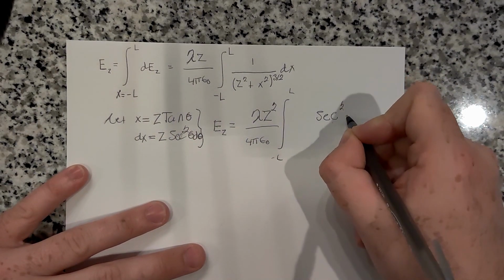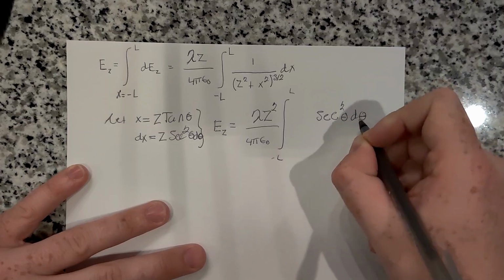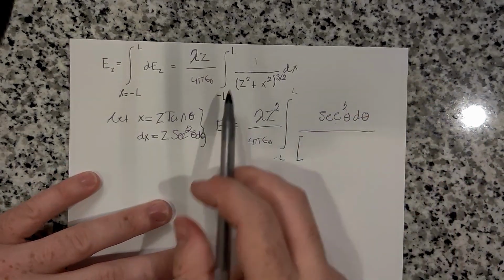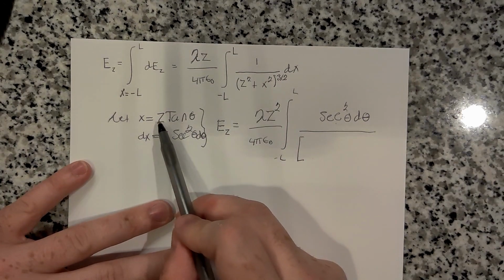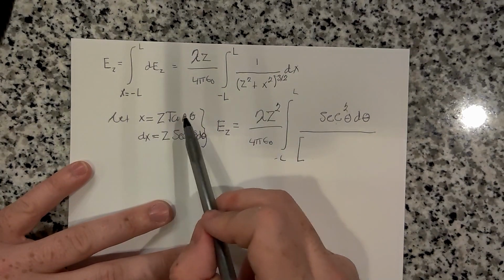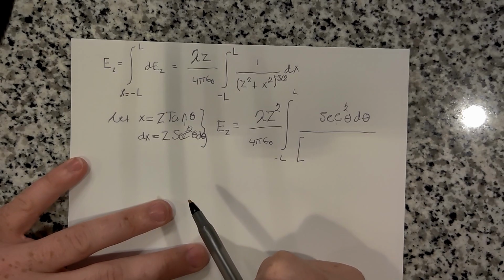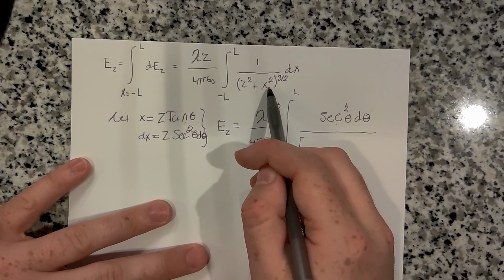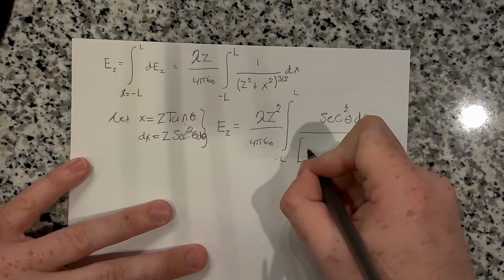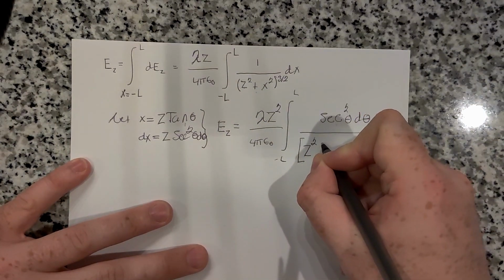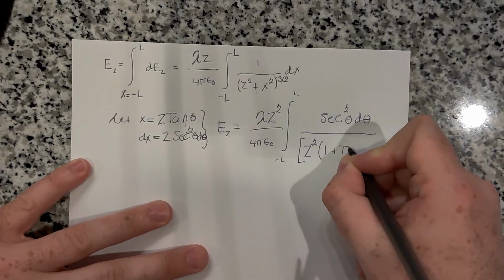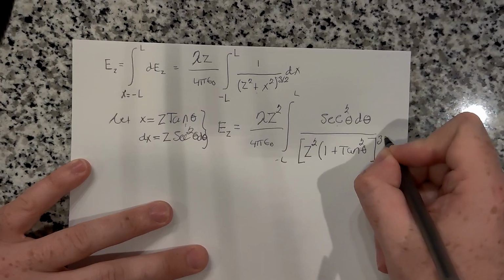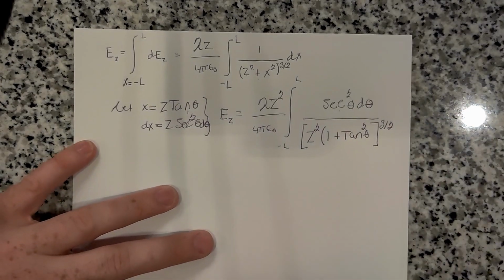So secant squared of theta d theta. And on the bottom we're going to have, well, x is z tangent of theta, so x squared is z squared tangent of theta squared. So we'll have z squared plus z squared tangent of theta squared. So we can factor out a z squared. And then we have 1 plus tangent squared here. But this is all still raised to the 3/2 power. I haven't taken that out.